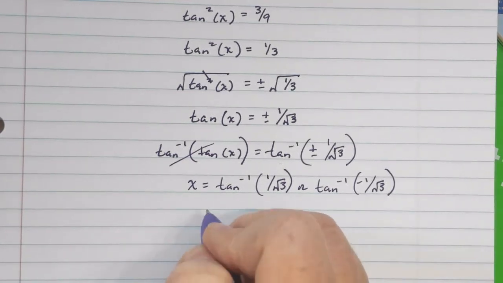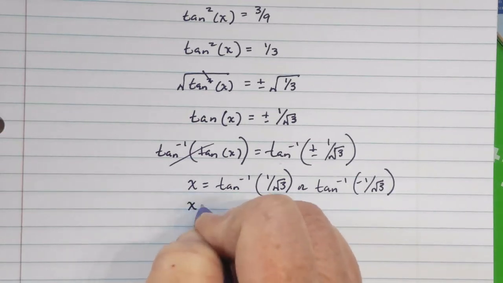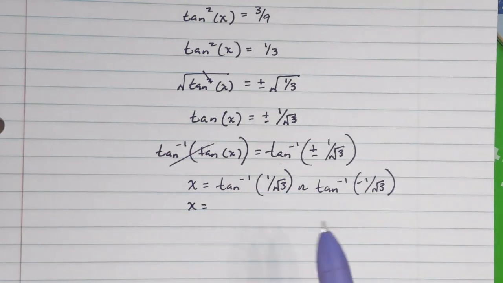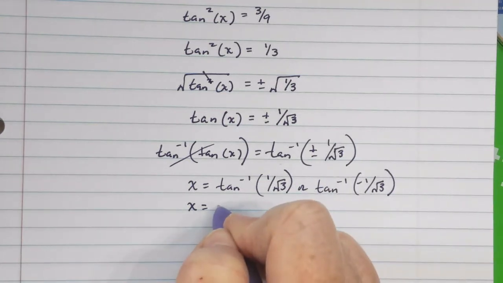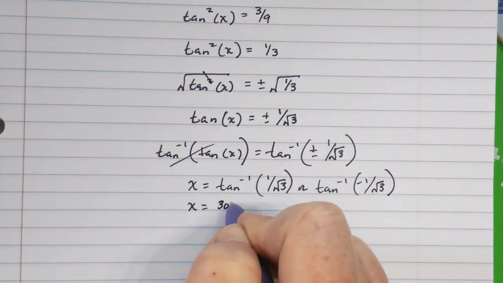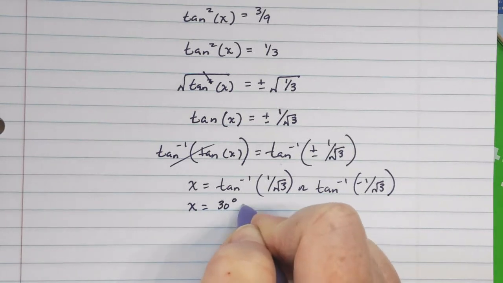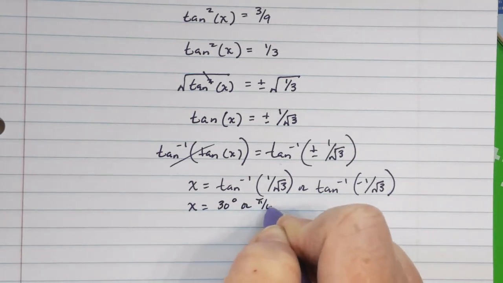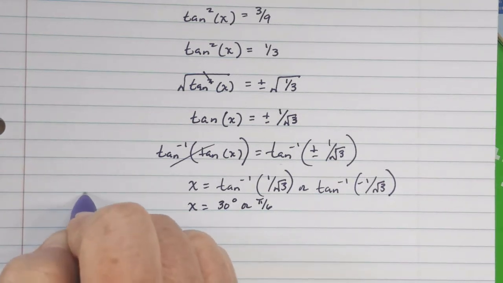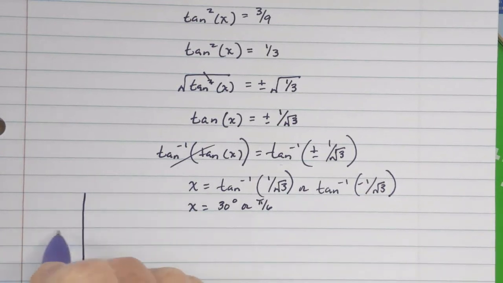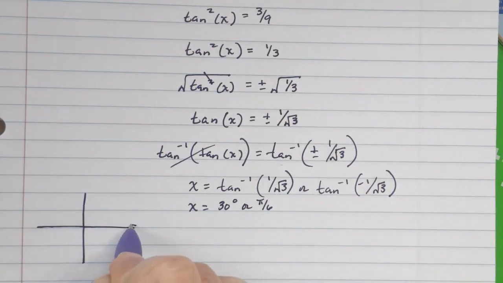So when you put it in your calculator, for the positive answer, we're getting 30 degrees, or pi over 6. And I believe your book wants it in radians. That's giving you a reference angle. It's not going to give you both angles.